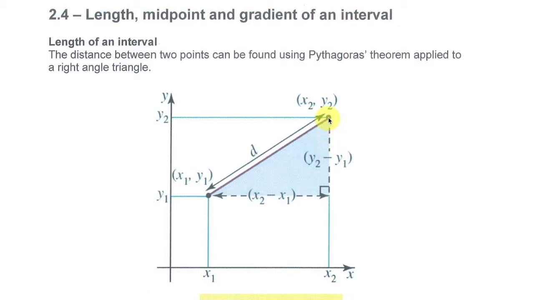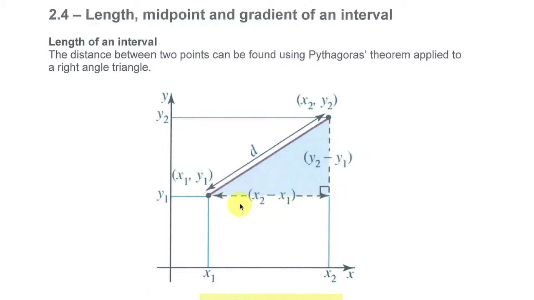If we look at this length here, this is a height of y2 take y1. You can see that the y2 figure runs into there, the y1 figure runs into here, so that distance from here to here is simply y2 take away y1. Same thing applies for this distance.